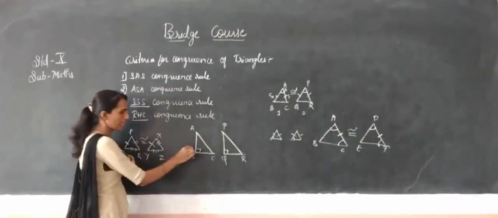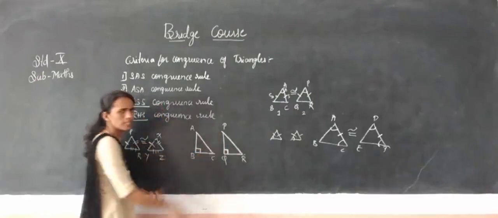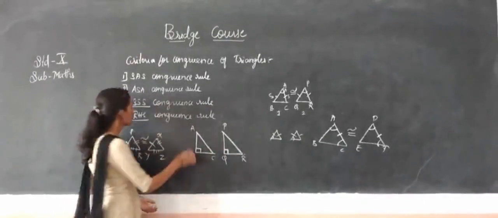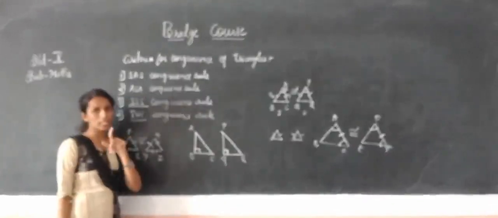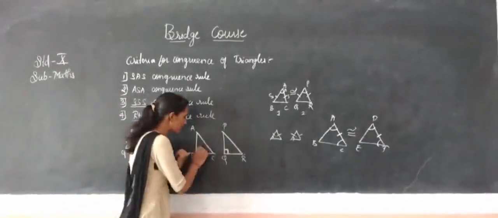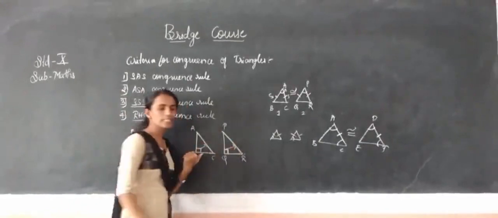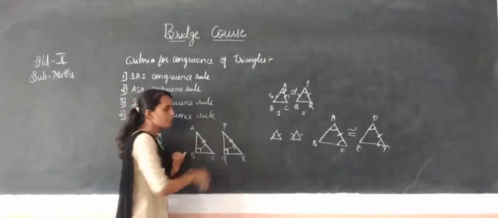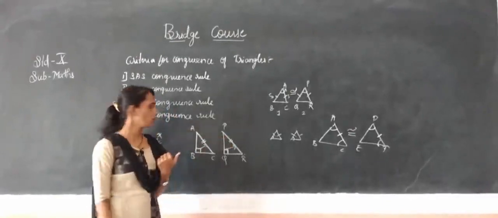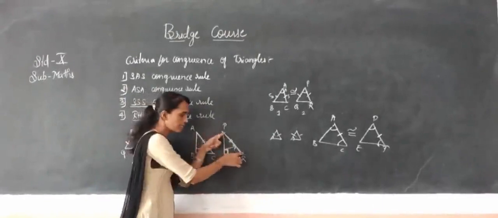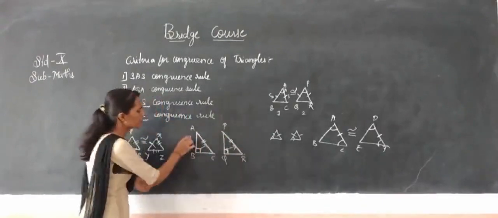Right angle means both are 90 degrees, so B is equal to Q. Hypotenuse means the side opposite the 90 degree angle, here AC and PR. One angle must be 90 degrees and the hypotenuses must be equal, and in addition any one other side.